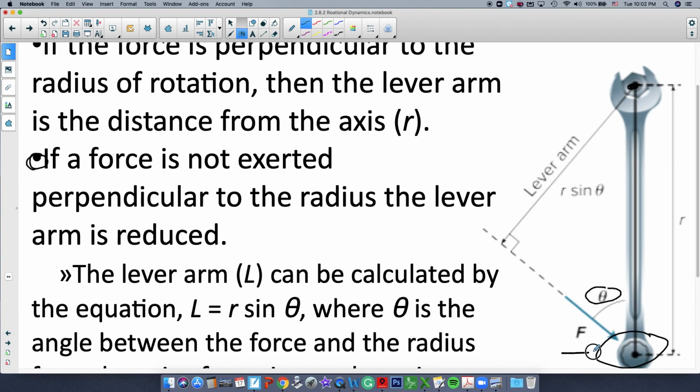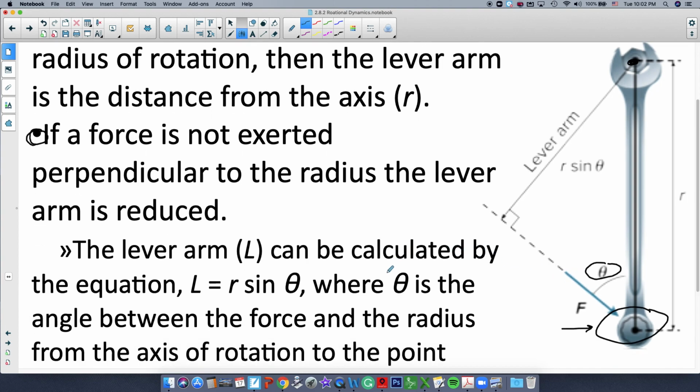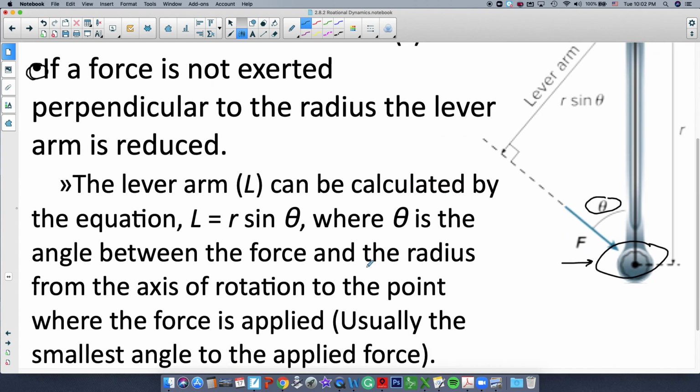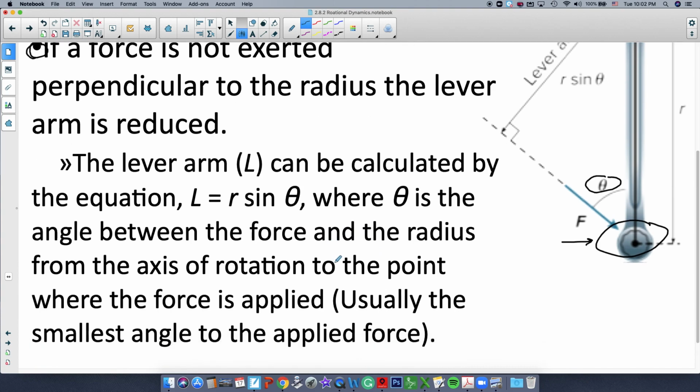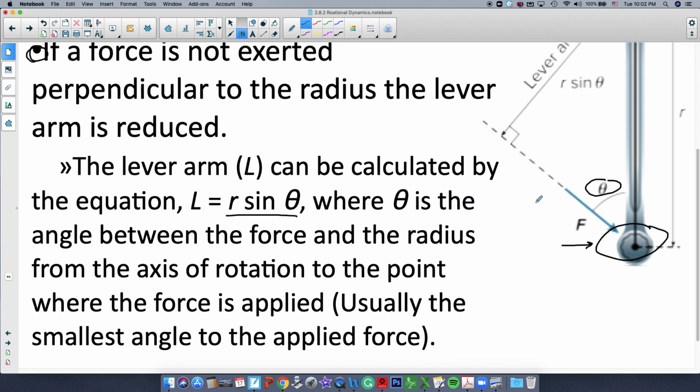Now, we know the best way to do it would be like that, right? So whatever this angle is from here to here, that's going to reduce the amount of force that I'm pushing with. Okay? So once you have an angle, the lever arm can be r sine theta. That's just a little trigonometry. We got it right there.